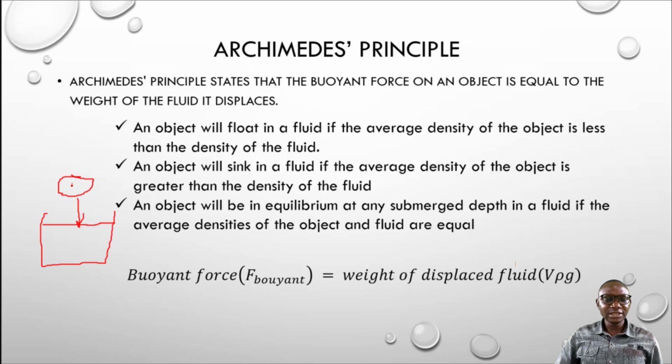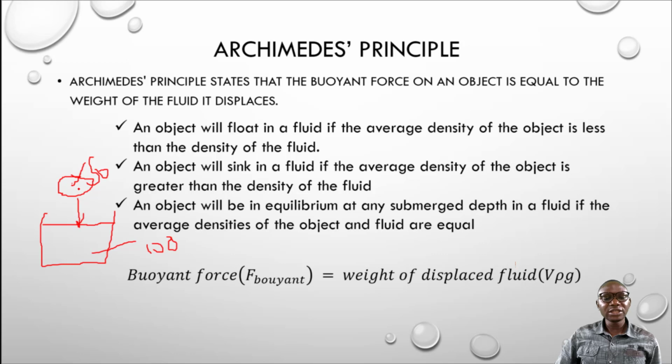Assuming that the density of this stone is 50 kilogram per meter cube, that is the unit of density, and the density of water is 100, it means that this stone will float inside the water because the density of the stone is less than the density of water.